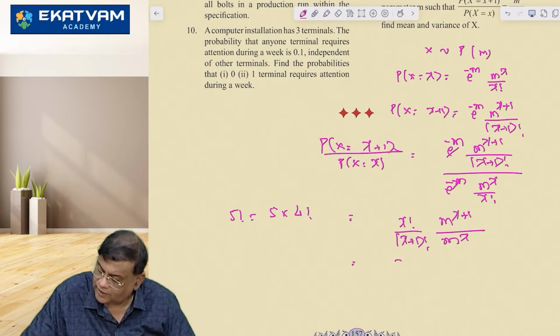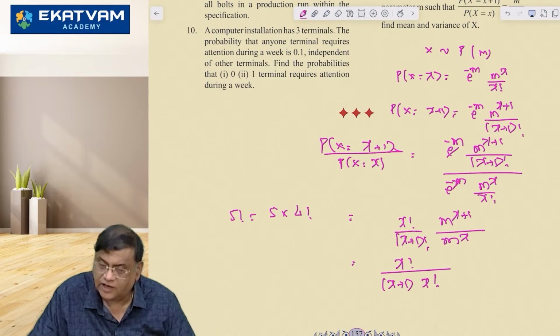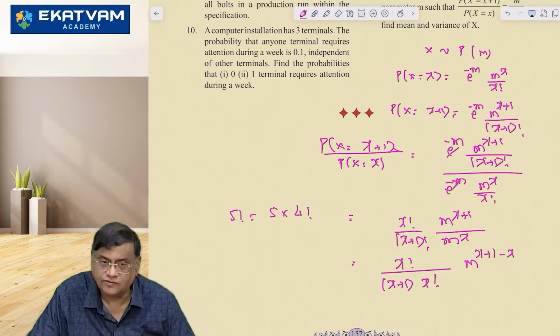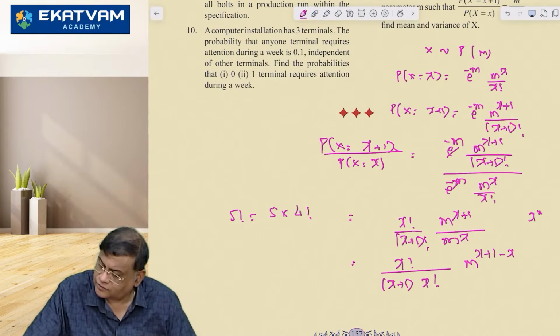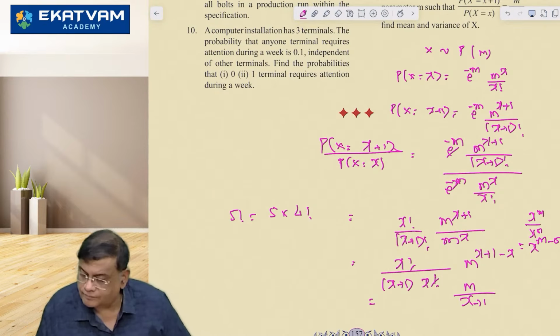So x plus 1 factorial is x plus 1 into x factorial. Then this is m raised to x plus 1 minus x, because x raised to m over x raised to n is x raised to m minus n. So this x factorial will be cut and it is m upon x plus 1. Proved.